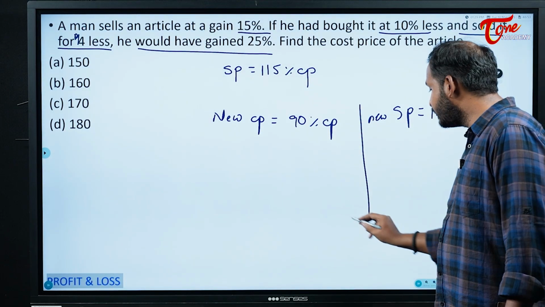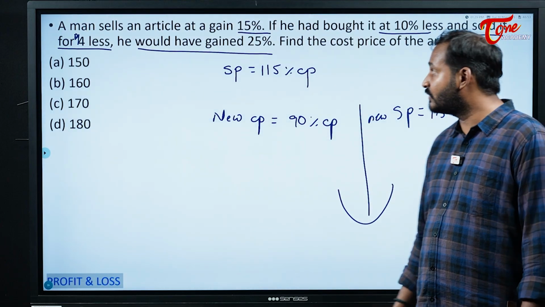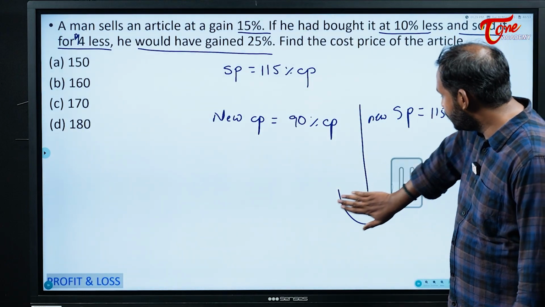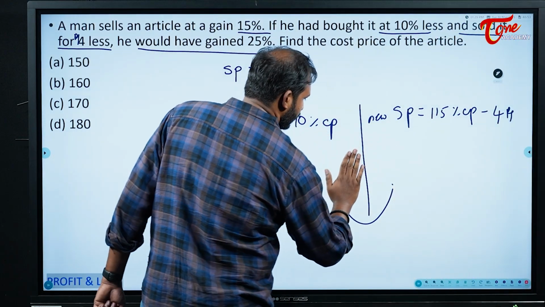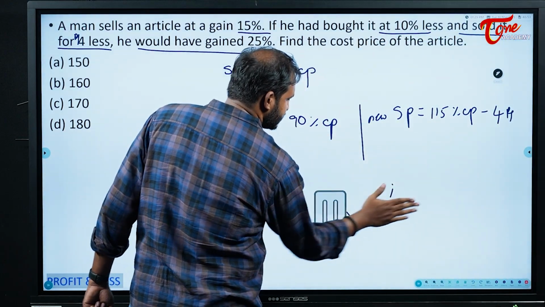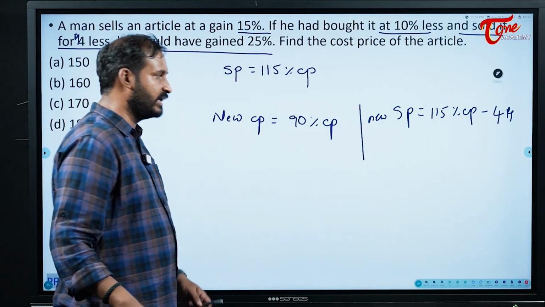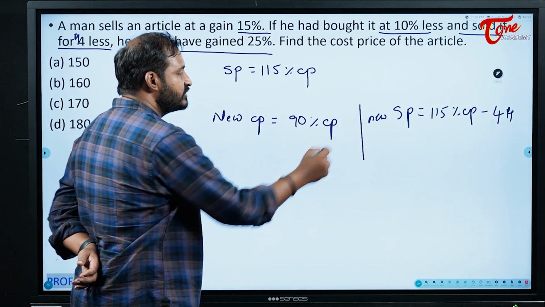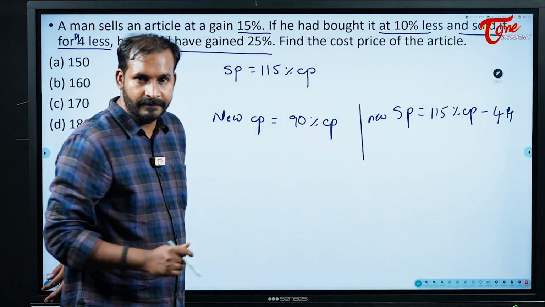Now, the relation between these two is what? 25%. So now we need to write the relation between these. See students, for all the questions we cannot write the relations directly. Sometimes it may take some work for us to write the relations. The relation between these two is: this value will be 25% more than this value.